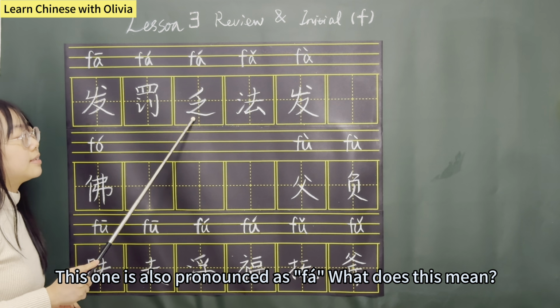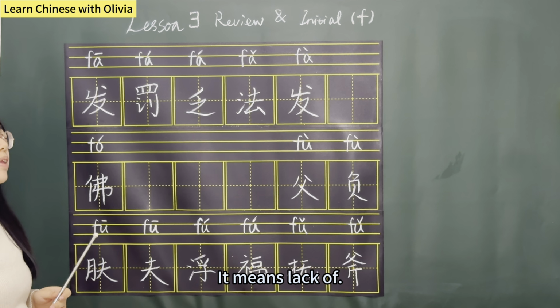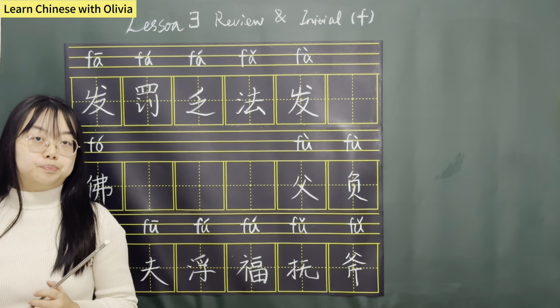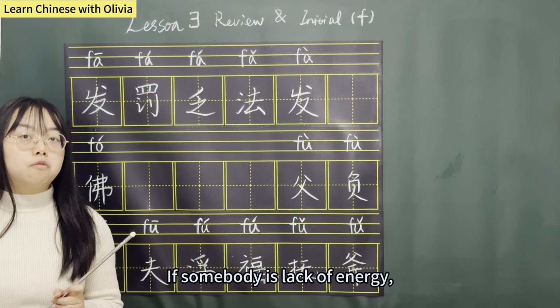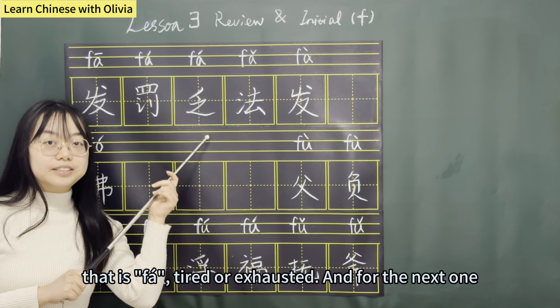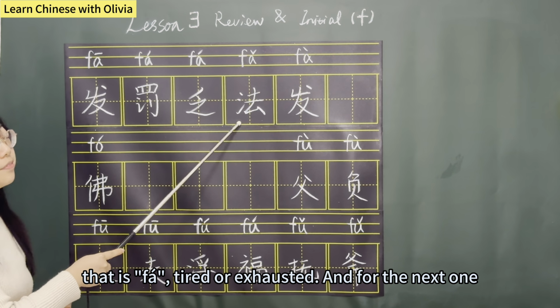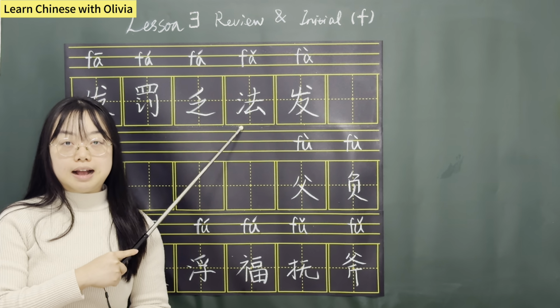So this one is also pronounced as 罚. What does this mean? This is a lack of. So if somebody lack of energy, that is 乏, tired, exhausted. And for the next one, 法.